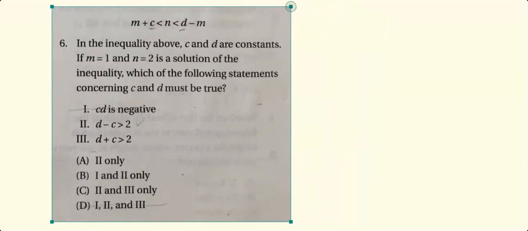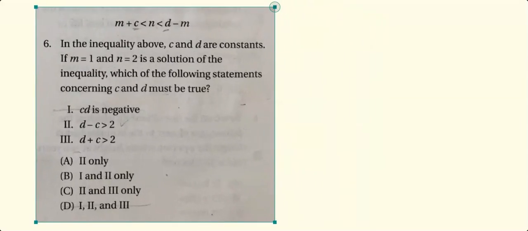And then problem 6. This is an inequality problem, so you have to remember the characteristics of inequality. We start with the inequality above, where C and D are constants. M equals 1 and N equals 2 is a solution of the inequality. If M equals 1 and N equals 2 are solutions of the inequality, which of the following statements must be true?